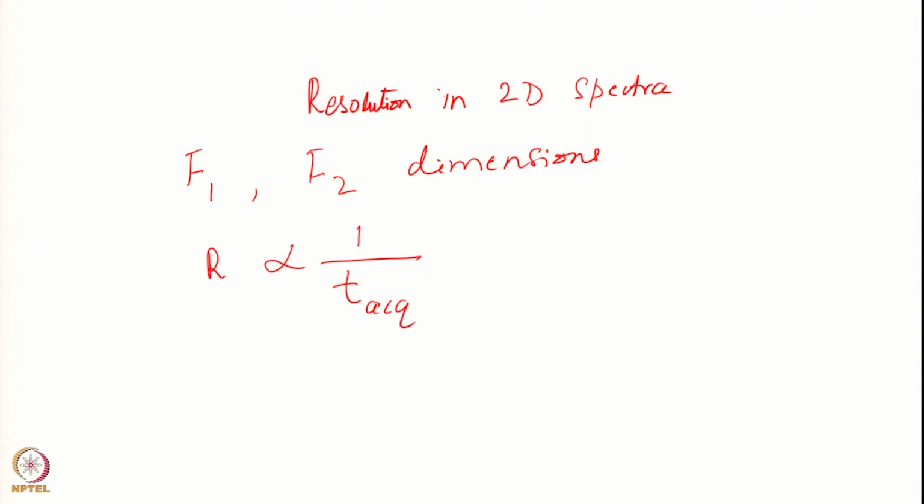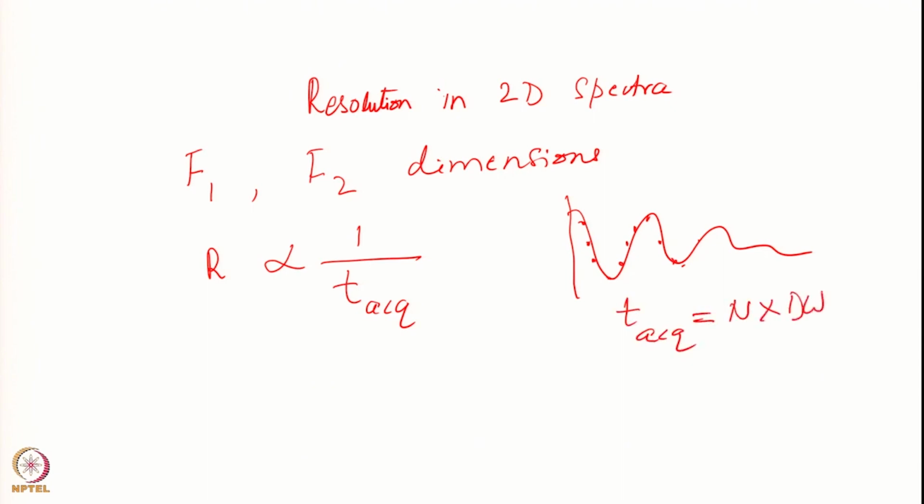What does that mean? This is similar to what we talked about in the case of the 1D spectra. Suppose I have the FID here and I have various points collected, so many data points. The total acquisition time is, suppose I collected n data points, n times dw, which is the dwell time, the time between two consecutive points.